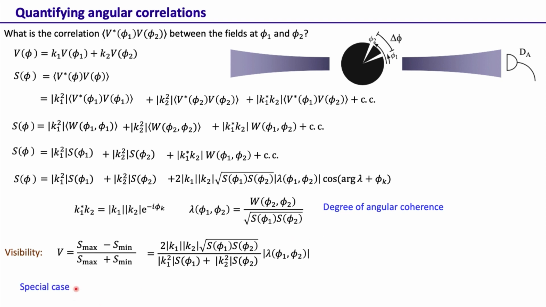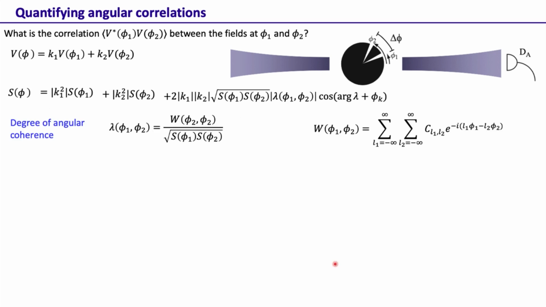If we take the special case where the first term is equal to the second term, that means the total intensity coming from this slit and the total intensity coming from this slit are equal, then we see that the visibility is simply the degree of angular coherence. This is the same thing we have been doing in time and space. So if the intensities from these two slits are equal, then the degree of coherence function can be found just by looking at the visibility.